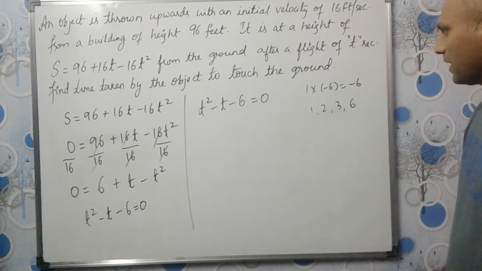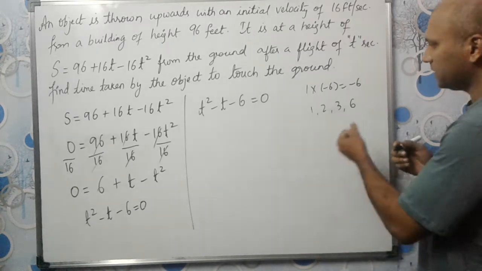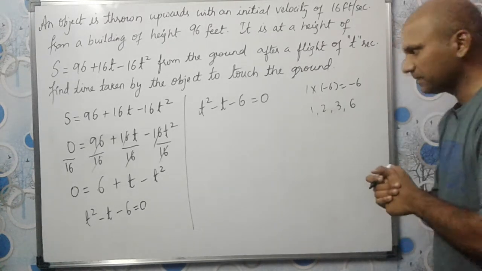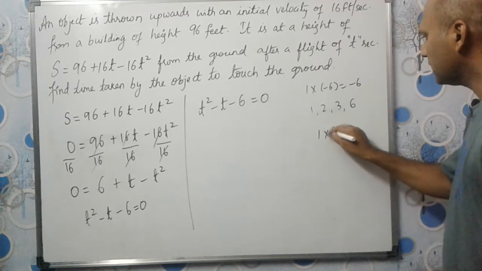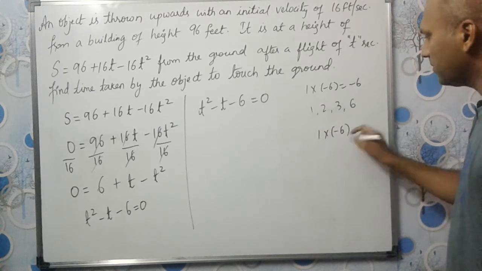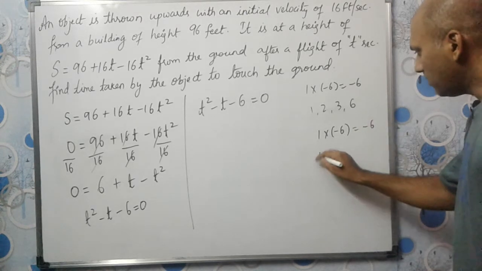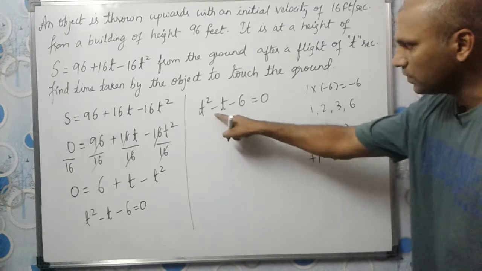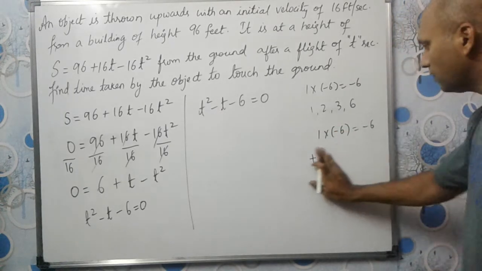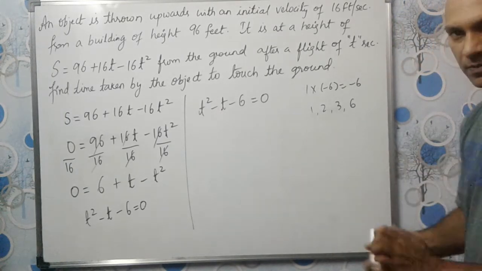Okay. Now from these factors, which factors will satisfy? Multiplication should be minus 6. Okay, you can think of these numbers, 1 and minus 6 will give us minus 6, but 1 minus 6, will it give us plus 1? No, it is minus 1 we need, right? So 1 and minus 6 will not work.